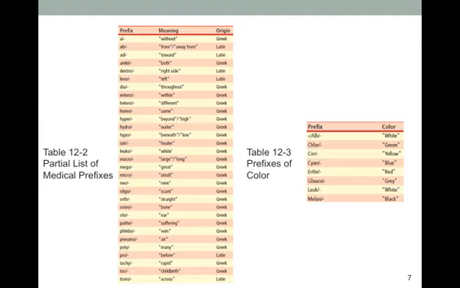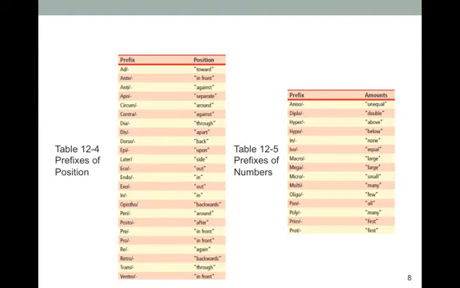It kind of means that things are in reverse. Hypo, beneath or low. So hypoglycemia would be low blood sugar. Prefixes of color: chloro, green; cyan, blue; erythro, red; leuko, white; melano, black, as in black tarry stools, melena.